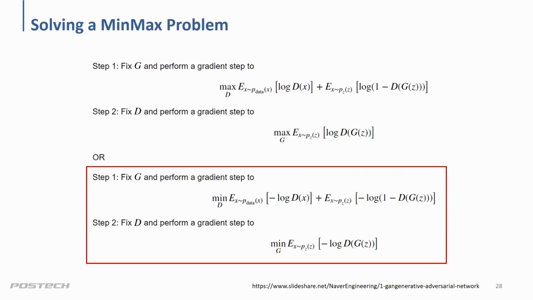So we're gonna use this one, and there are two steps. The first one is I'm gonna fix the generator, which means I will update the discriminator to minimize this one. And the next step is I want to fix the discriminator and optimize with respect to the generator, using these functions.